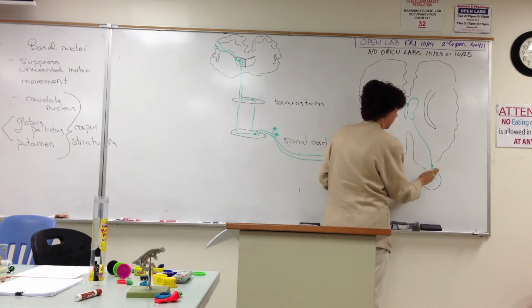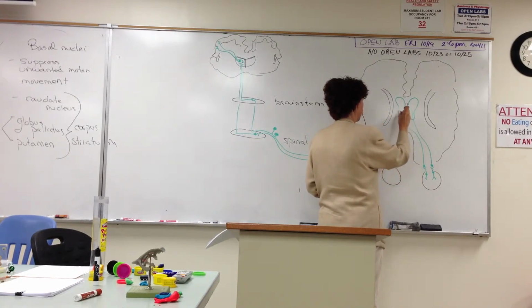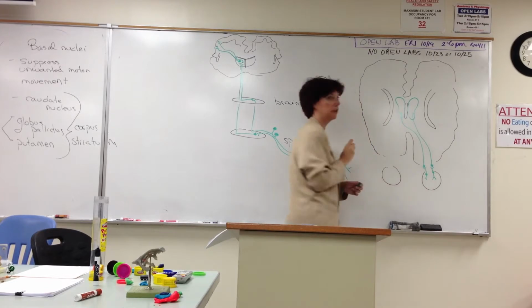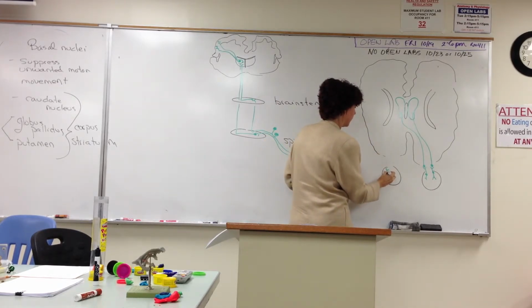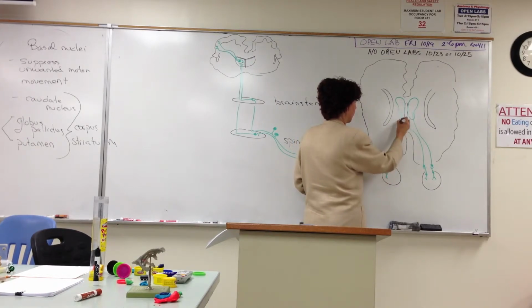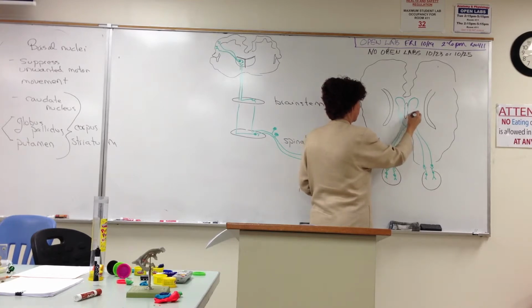If I see something over on this side of my retina, that neuron will cross over and go to this nucleus. Okay? Again, we're going to go over this in more detail, more slowly. The bipolar neurons are found in the retina, and this will cross over and go to that side there.